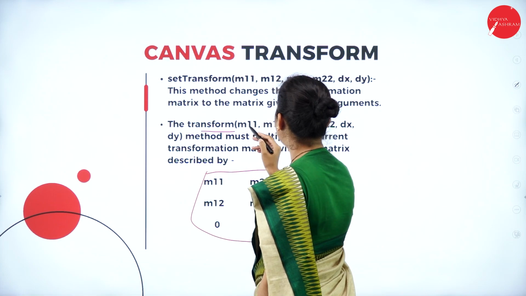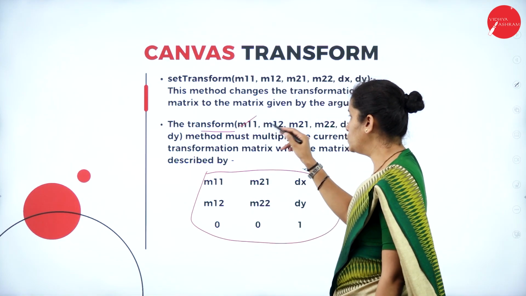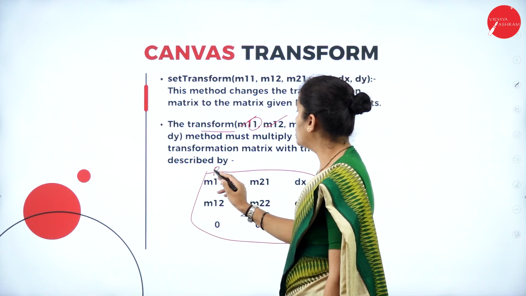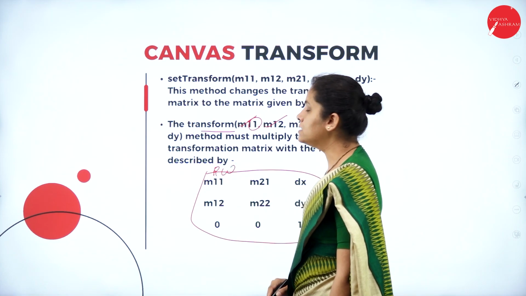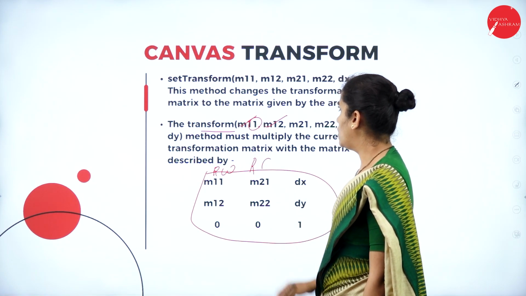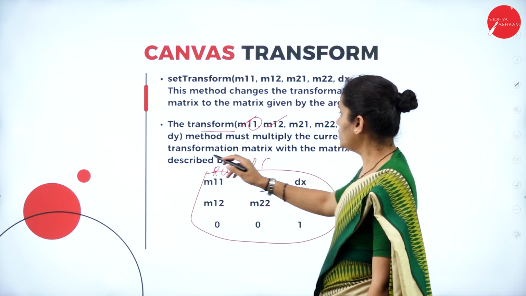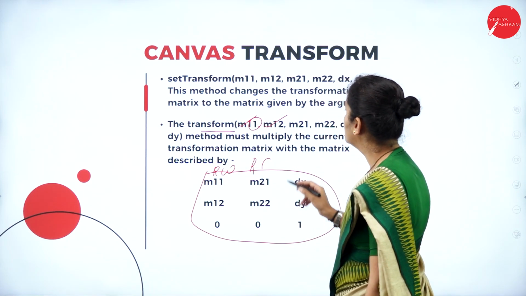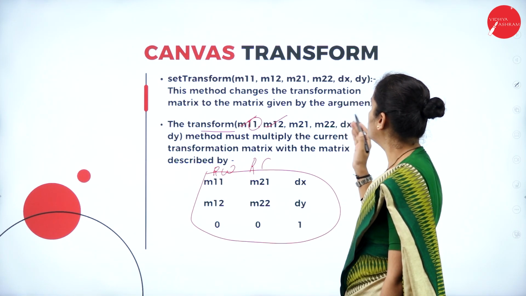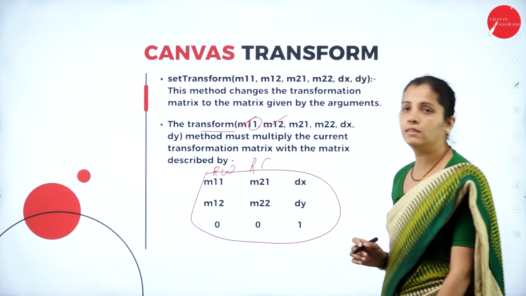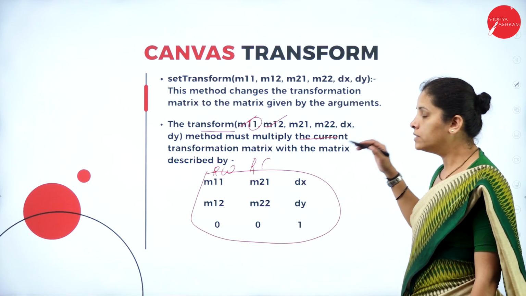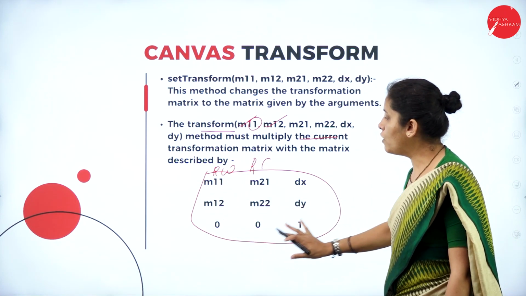In m11, m22, what is 11? That is nothing but the index. The first digit is the row and the second represents the column. So the transform method, with m11, m12, m21, m22, dx, dy, must multiply the current transform matrix by the matrix prescribed by the arguments.